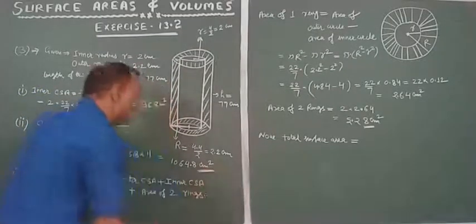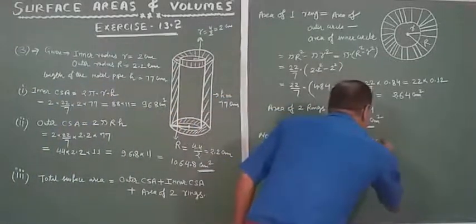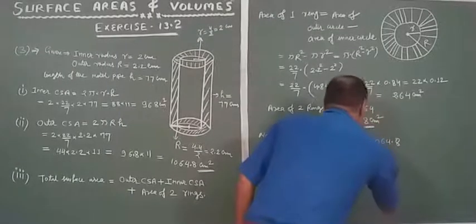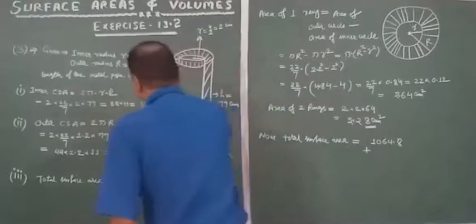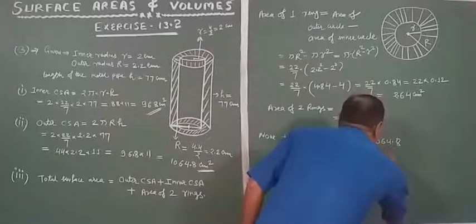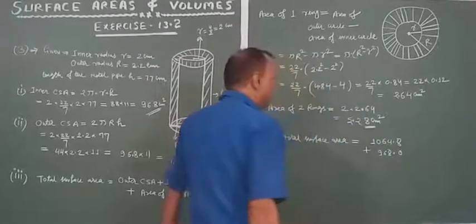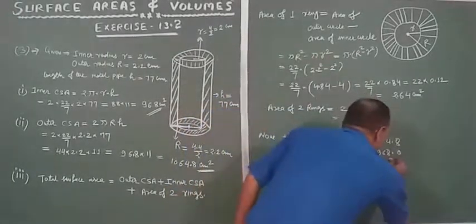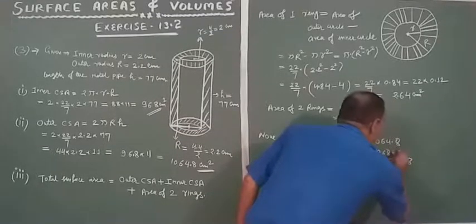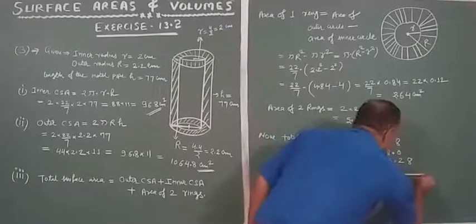This much, 1064.8, plus inner CSA, 968.0, and the third one is 5.28. Now add them.